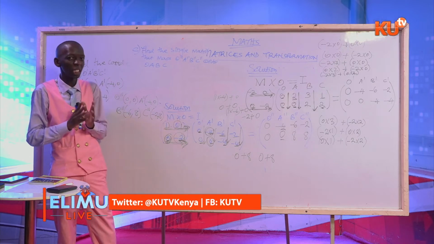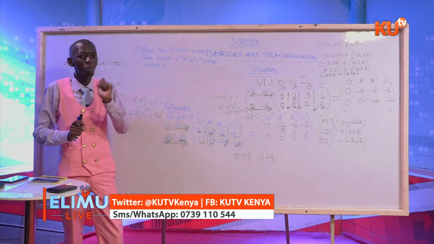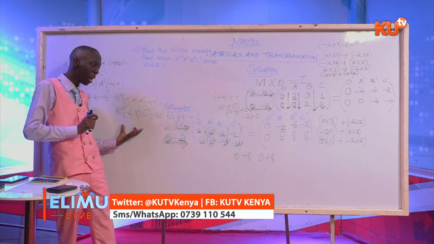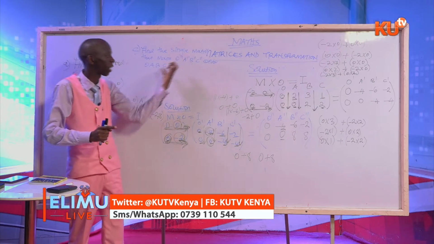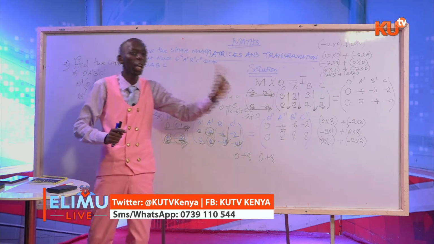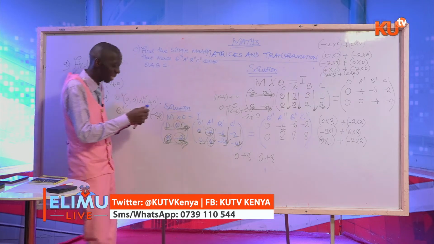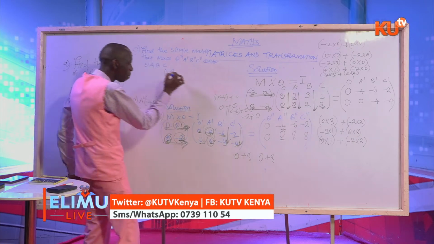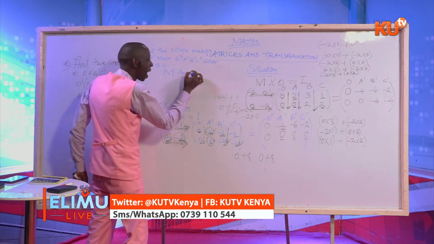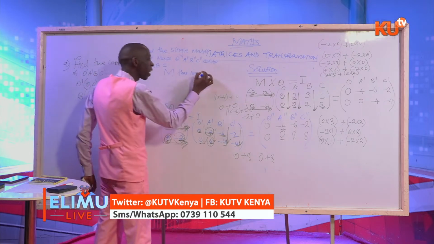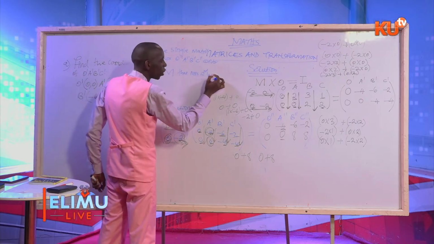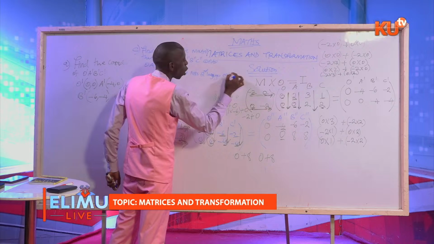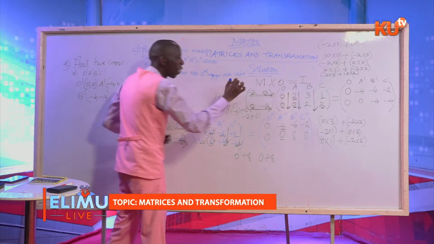Now, we are told, find a single matrix that maps the second image onto the object.